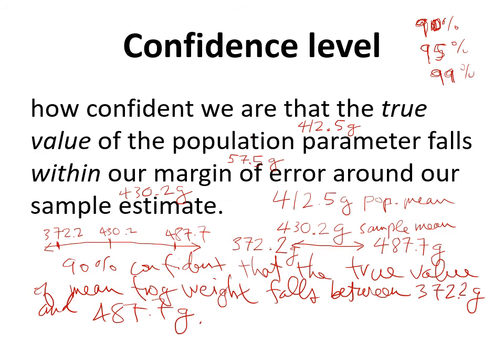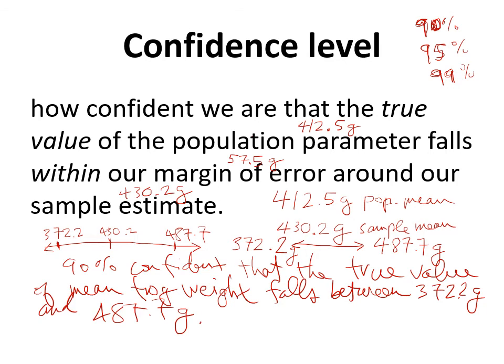So this is the way you want to think about these estimates, that they're really a range. It's not, oh, it's 430.2. That just happens to be in the middle. We're 90% confident that the true value of the population mean, which in this case I was going to assume is 412.5 grams, falls between this lower bound and this upper bound.